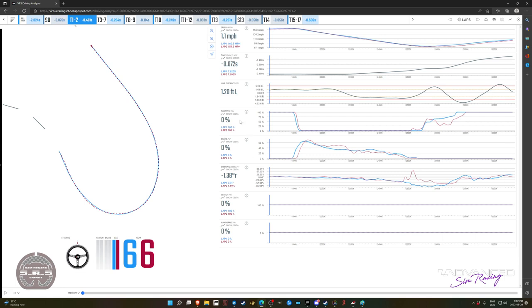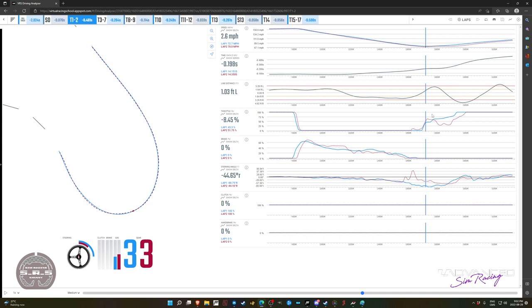Perfect. Cool. So this is T1 at Suzuka, and you have our steering angle here. Let's just pay attention to the solid dark blue line. Basically we're turning right through the corner. And up top here we have our minimum speed, right here.